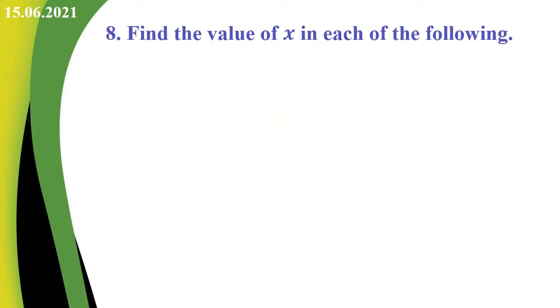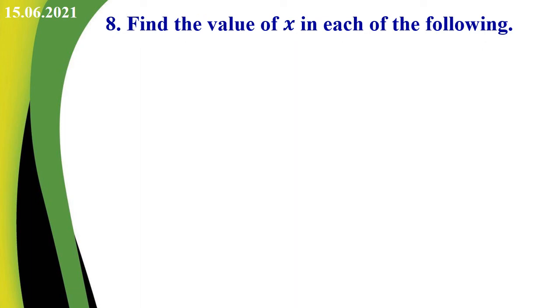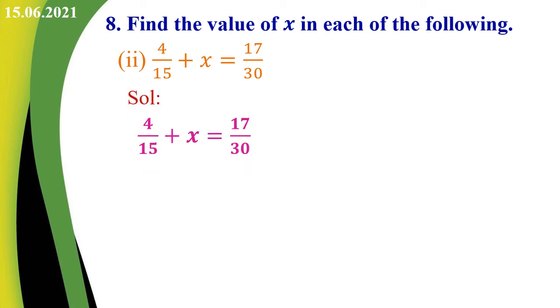Let's see the 8th problem. Find the value of x in each of the following. Second question: 4 by 15 plus x is equal to 17 by 30. Let us find the solution. Here find the x value. 4 by 15 plus x equal to 17 by 30.